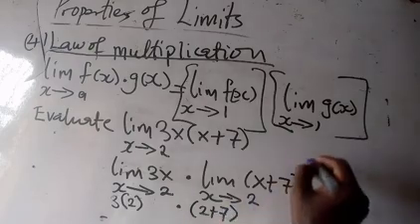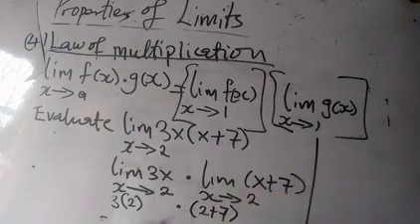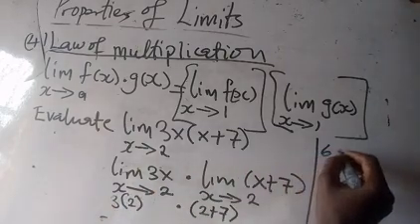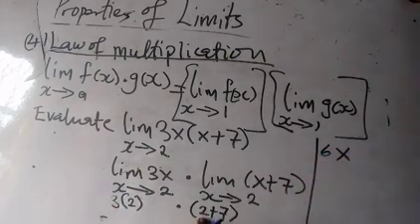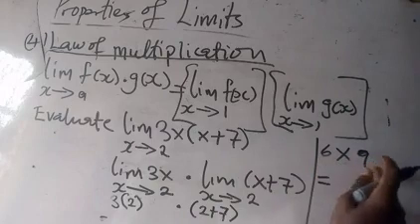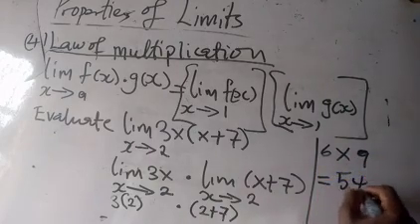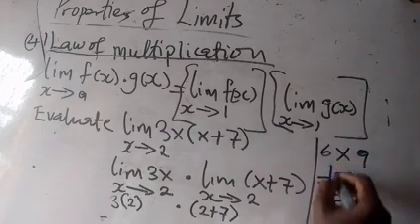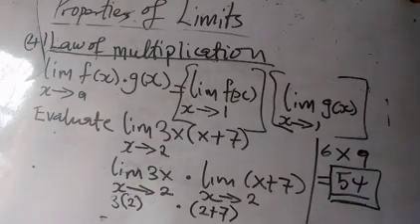So what do we have? We have 3 multiply 2, 6, times 2 plus 7, 9. 6 times 9 is 54. And this is our final answer. 54 is our final answer under this law of multiplication with the example given.